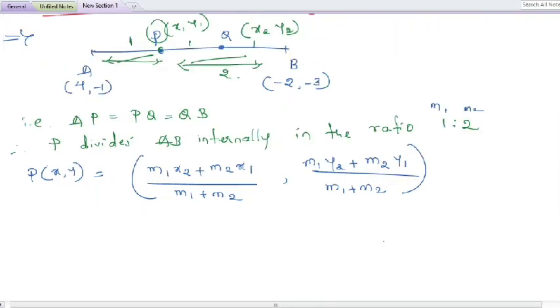So now substituting the values, we will get the P value.